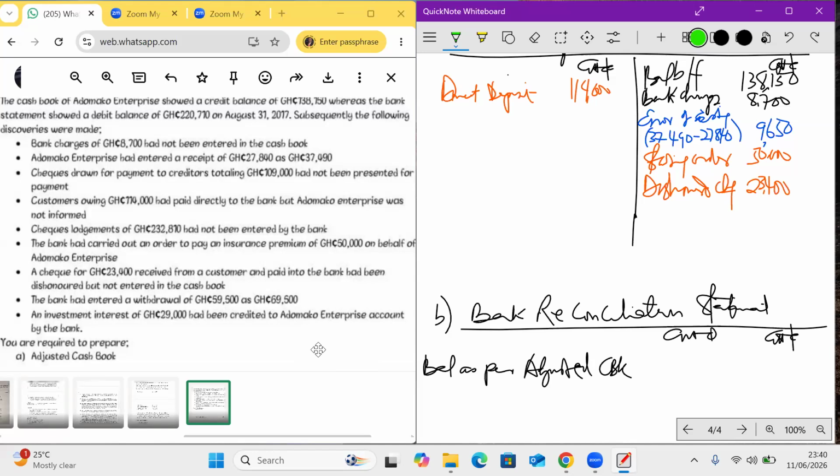There are two books, the bank statement and the cash book. It has credited Adomako Enterprise's account in the bank statement. How will it be in the cash book? Madam, where would you record it in the cash book? At the debit side. It has credited in the bank statement.